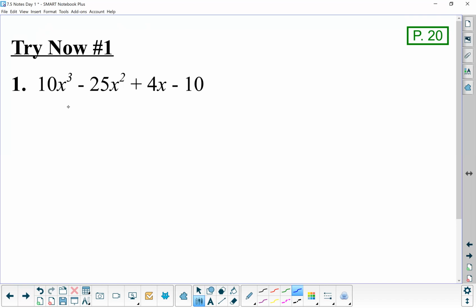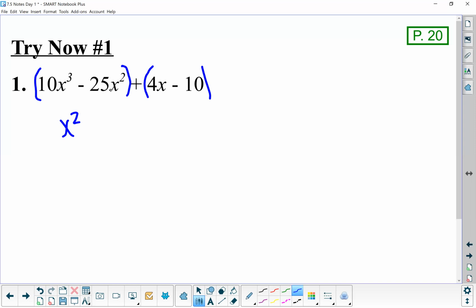In this case, there is not a greatest common factor for all four terms. So we can group, and I always group the first two and the last two, just a personal preference. That way I don't have to rewrite anything. My first group has a greatest common factor. It has an x squared.